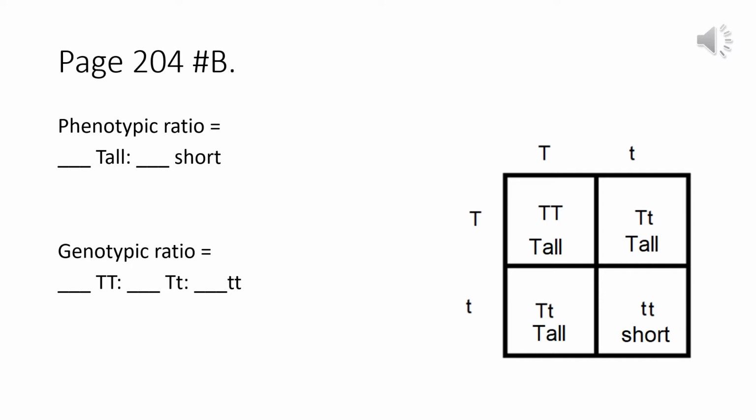And how many are little t, little t? Just 1. We'd call that a 1-to-2-to-1 ratio. Usually geneticists will put it in order with the 1 big T, big T, the 2 big T, little t's, and the 1 little t, little t. Sometimes students kind of put it in numerical order of 2-to-1-to-1. You might want to make sure you put your letters after it so that everybody can tell which one you are really talking about.